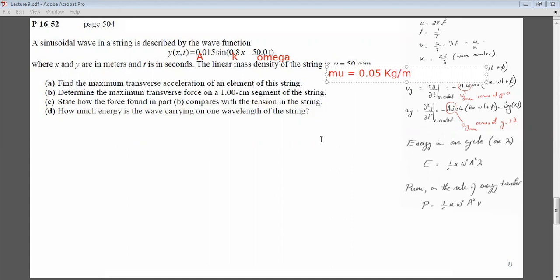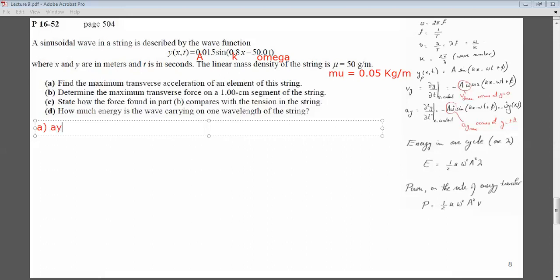Here, I just want to warn you that the solution in the booklet is wrong. The solution over here is correct. So part A, find the maximum transverse acceleration of an element of this string.